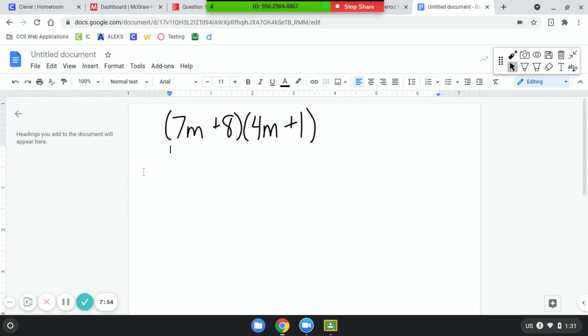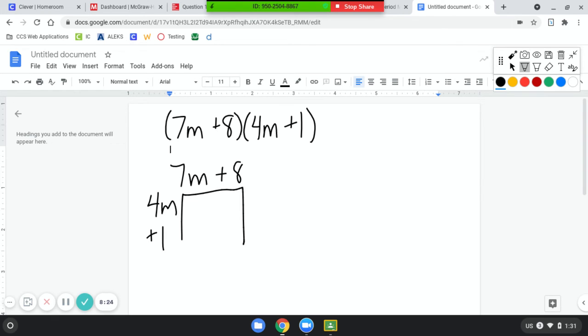All right, so now we're going to multiply 7m plus 8 multiplied by 4m plus 1. So first I'm going to use the box method. I'm going to put 7m plus 8 across the top. And down here, I'm going to put 4m plus 1.